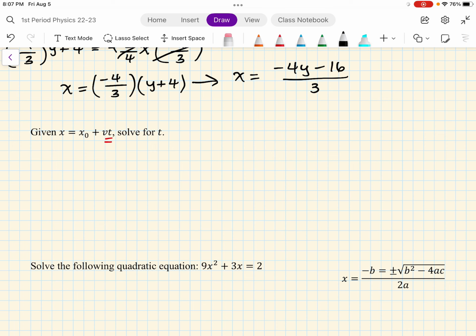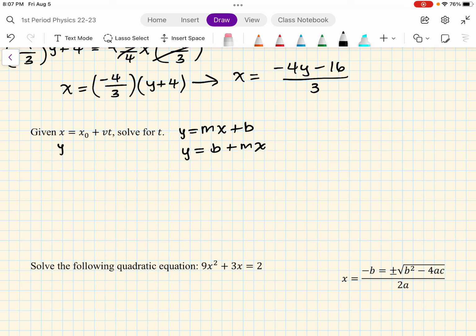Now, you may not see it yet, but this equation is in almost the same form as y equals mx plus b, with the exception that we flip the mx and the b. This one is written y equals b plus mx, and they actually correspond.